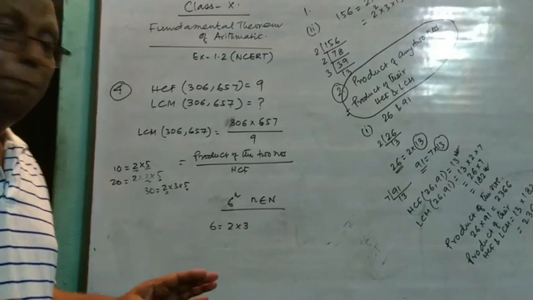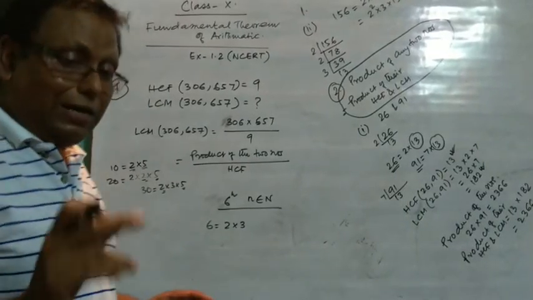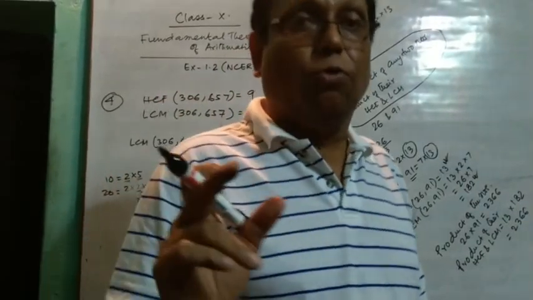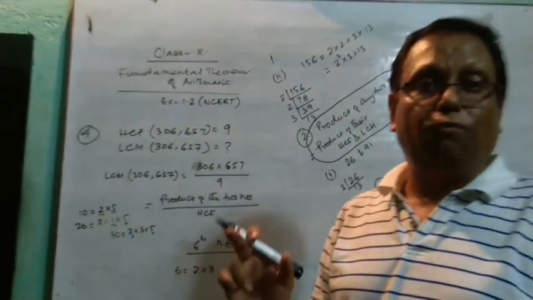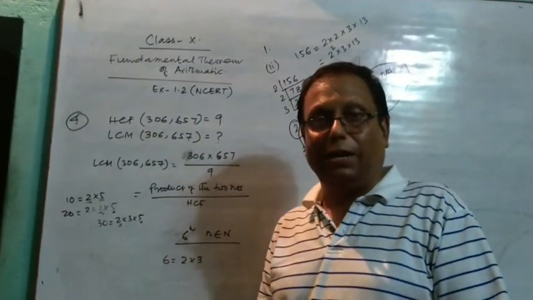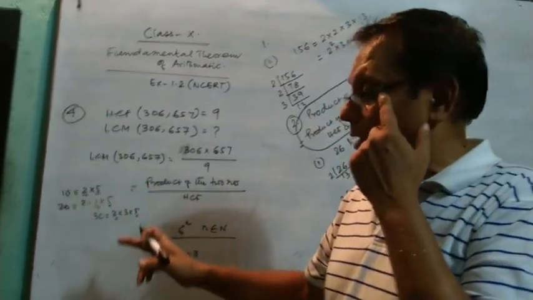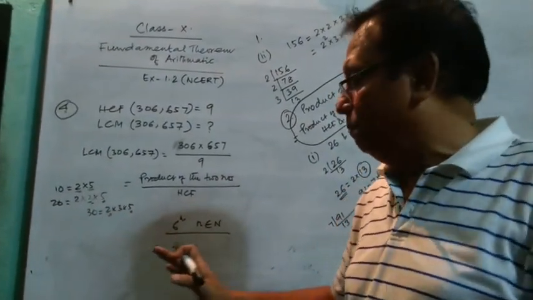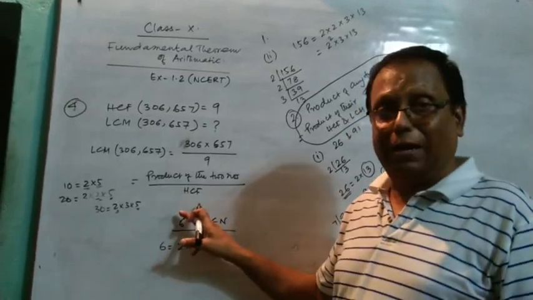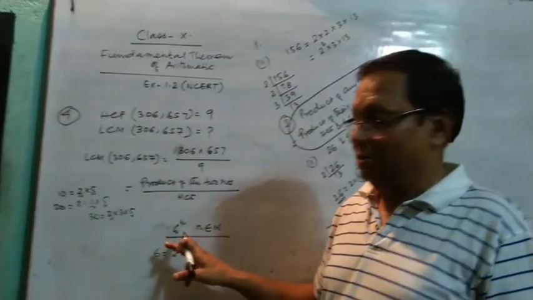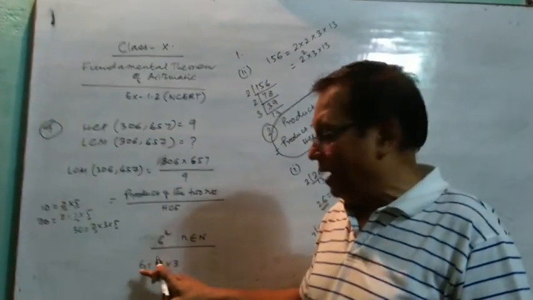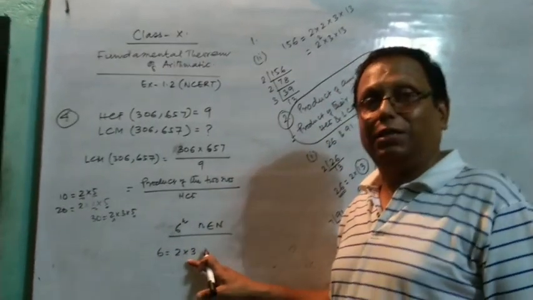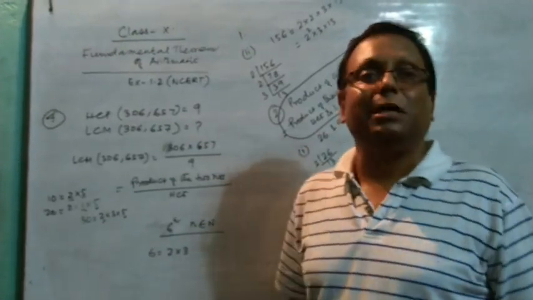Hope you have understood. I told you that any number, if it ends with the digit 0, it must have two factors, compulsorily 2 and 5, apart from any other number. Now 6 to the power n, the base is 6. N is a natural number. The prime factors of 6, 2 and 3. 2 is there, but 5 is absent.